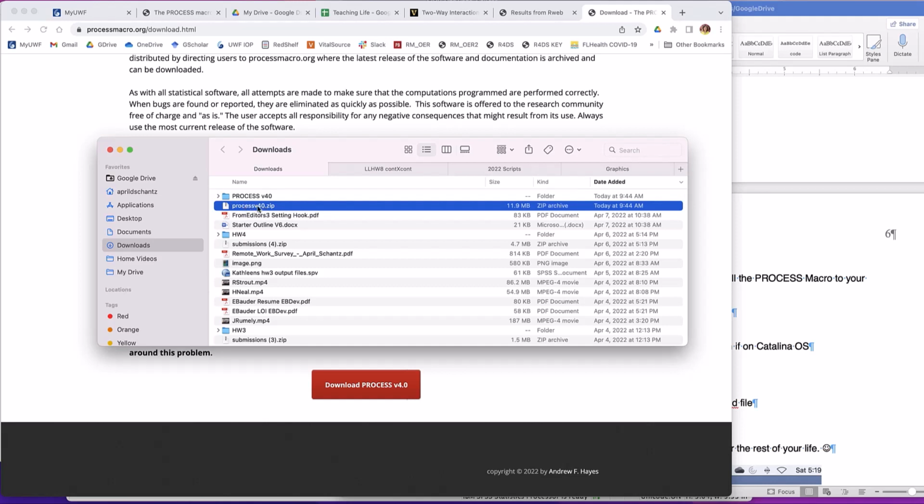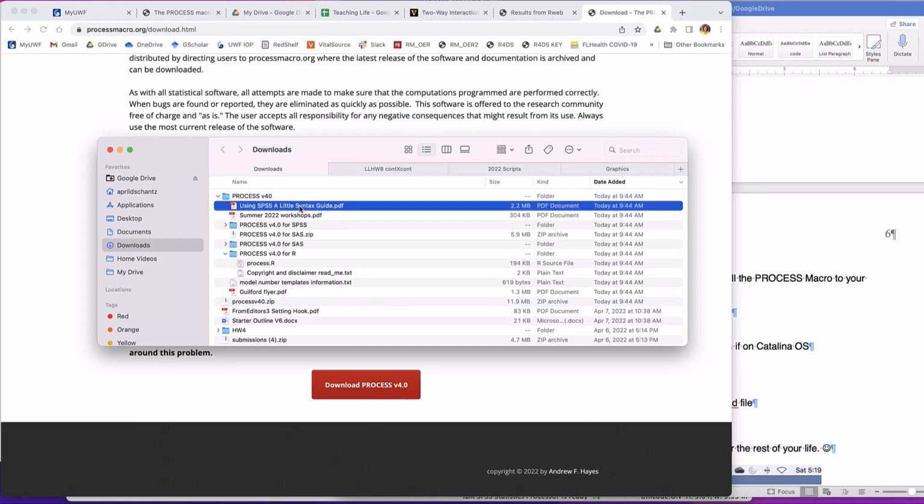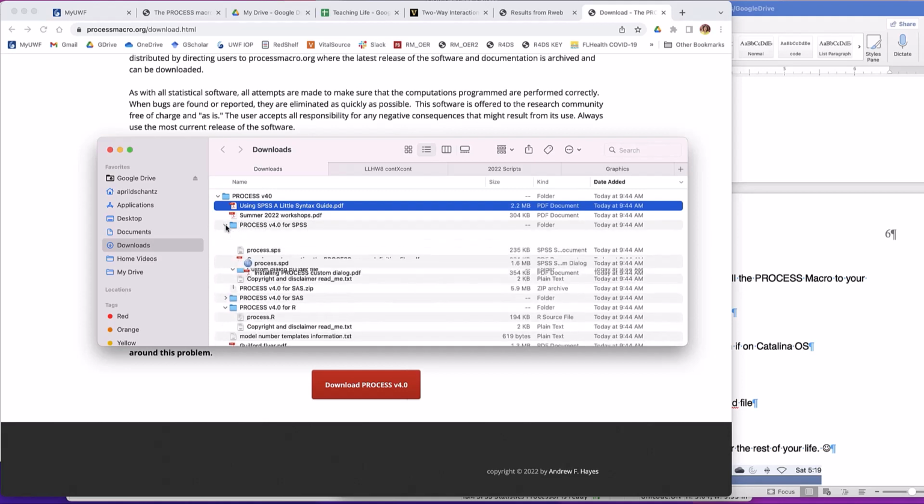When you expand that zip file, you'll have a process folder, and it's got some information in PDF form about his workshops and a syntax guide if you're going to use the syntax, because you can do that instead of installing what's called custom dialogs, but it's way easier with the custom dialogs.